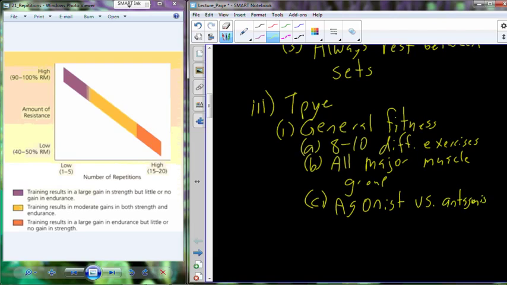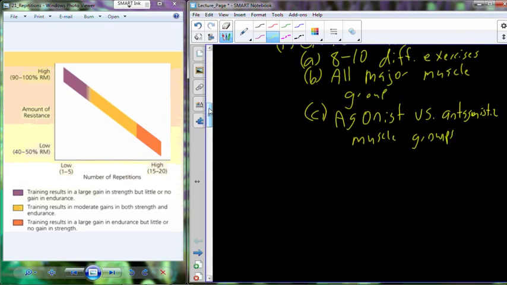And I'll give you an example of what that means here in just a second. So if you work your bicep brachii, which is the elbow flexor, that would be the agonist. You also want to work the elbow extender, which is your tricep, which would be the antagonistic muscle. So you basically want to work the muscles that do the opposite motion.